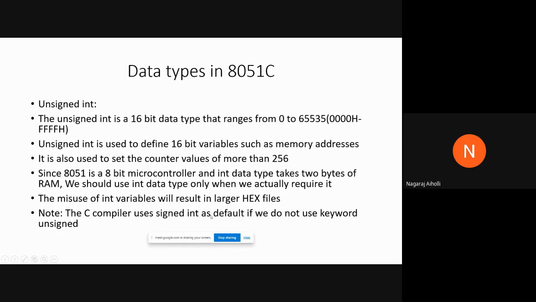The C compiler works the same way: if you do not specify the keyword unsigned before the integer, then by default it will take it as a signed integer. Therefore, it is necessary to precede int with the keyword unsigned.